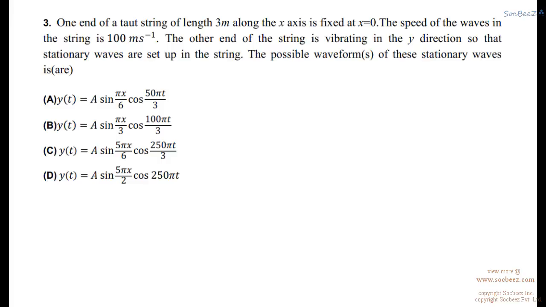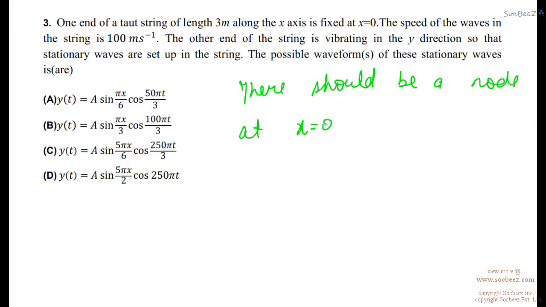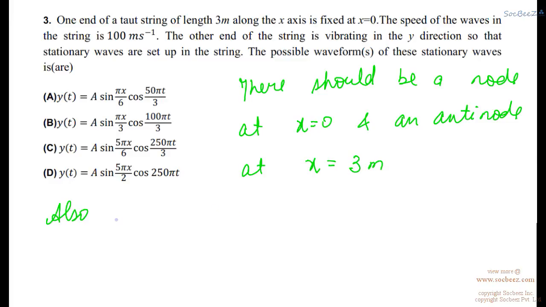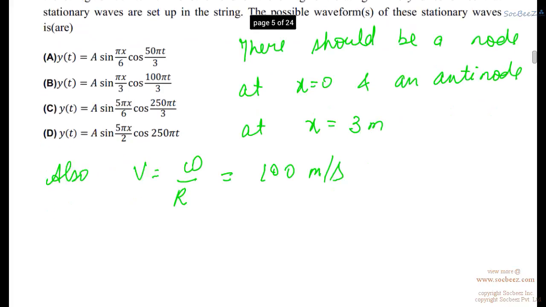Okay, so here there should be a node at x equals 0 and an antinode at x equals 3 m. Also we know that v equals omega upon k, which is equal to 100 meter per second.